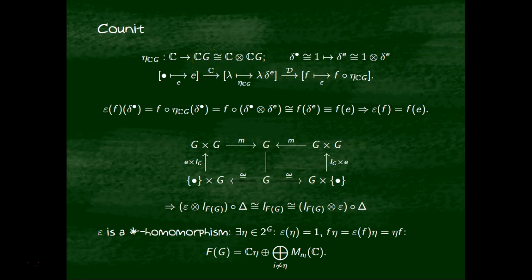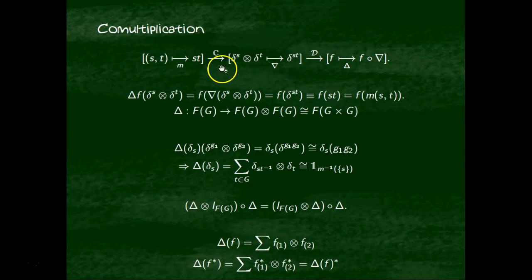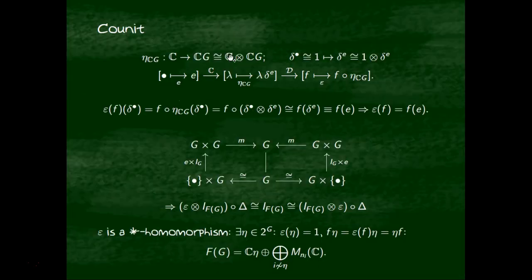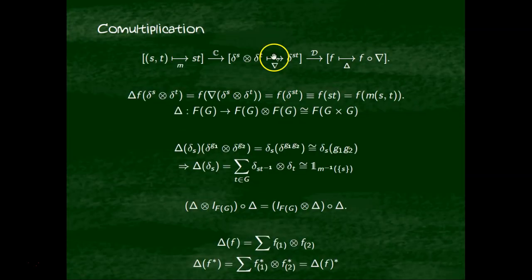Now the group algebra has actually been seen over here: these are linear combinations of elements of the group. And the multiplication in the group algebra is with this nabla. So delta S tensor delta T, multiply them together, you get delta ST.